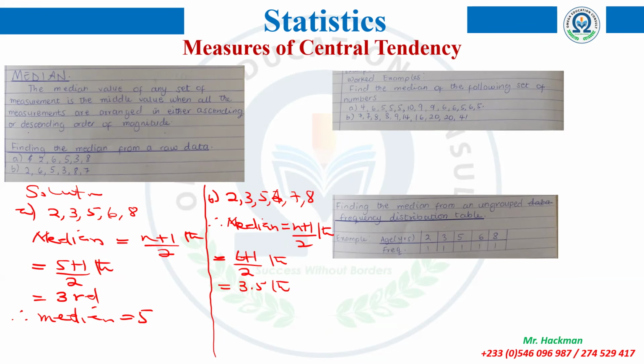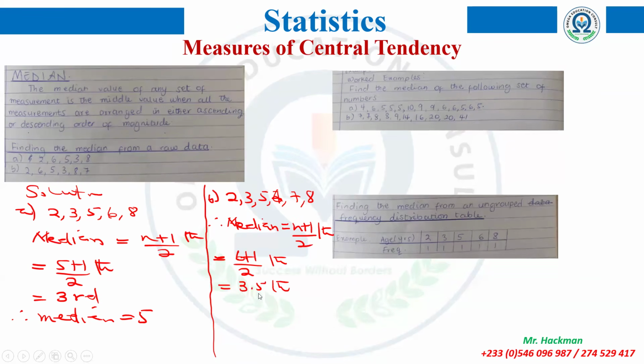So this is it. Usually in books, they will tell you that if your number of observations is even, it will be the average of a particular number and another number. So they will tell you that it will be n over 2, then the next observation. However, please just use this formula.